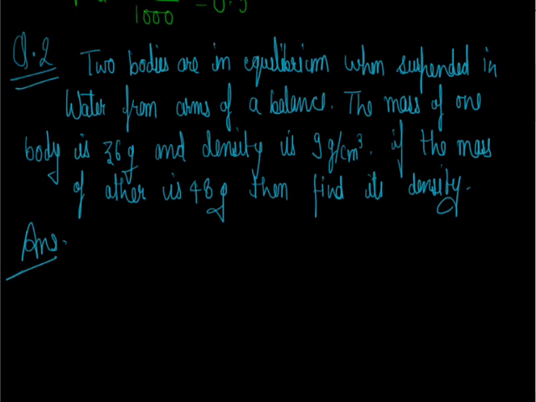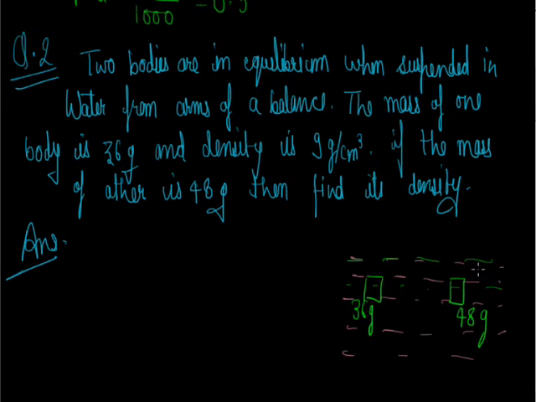Suppose one body's mass is 36 gram and the other is 48 gram. They are suspended in water by the arms of a balance.